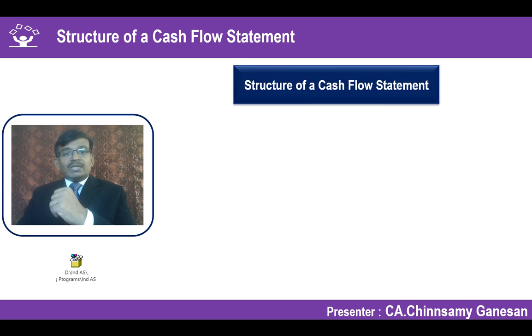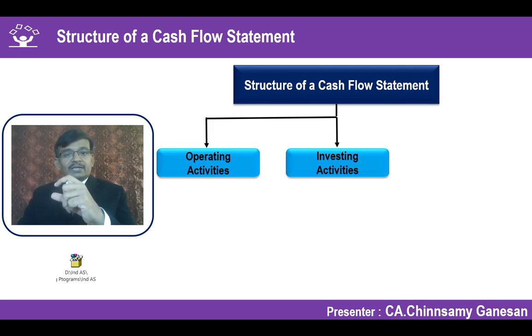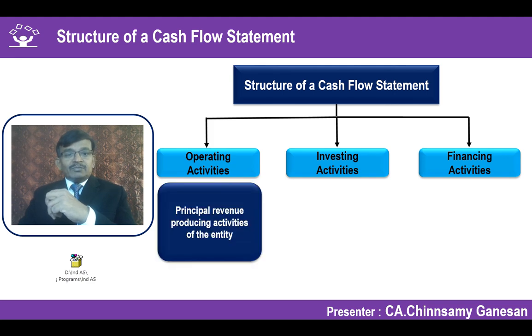The first part will show the net cash flows generated from operating activities, then the net cash flow generated from investing activities, the items which constitute those cash inflows and outflows, and the net cash generated or used in financing activities. This is the way in which the cash flows will be presented as part of the financial statements.